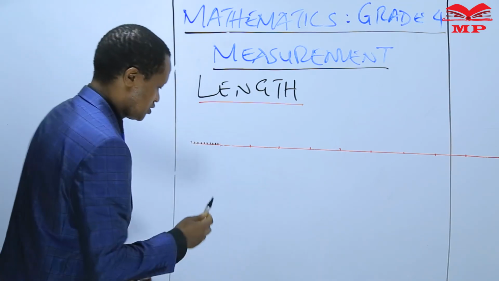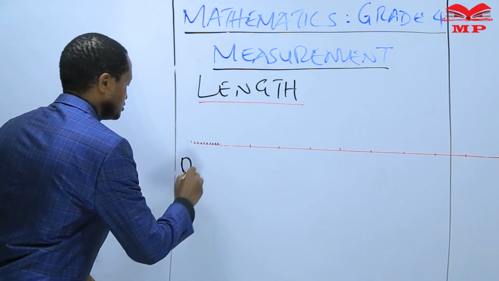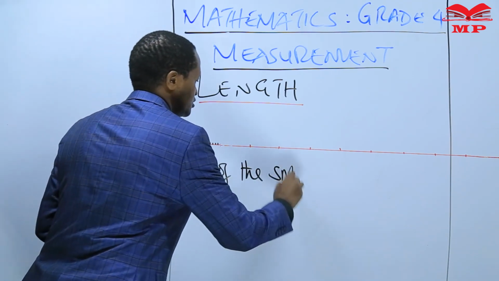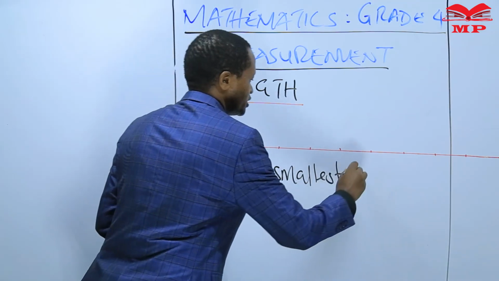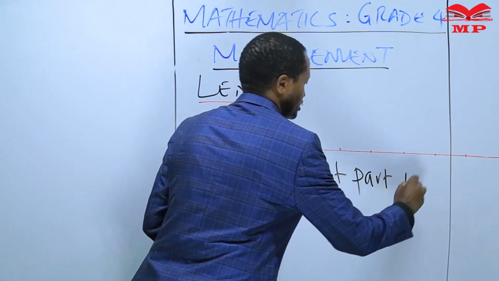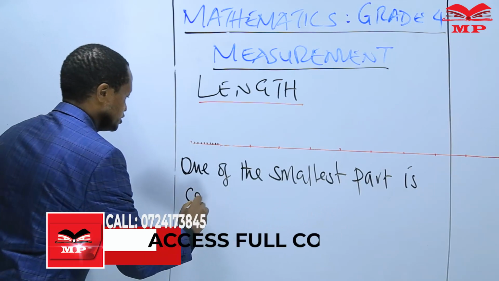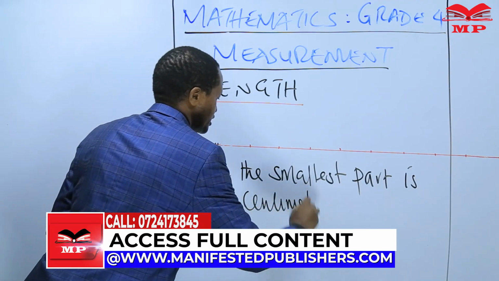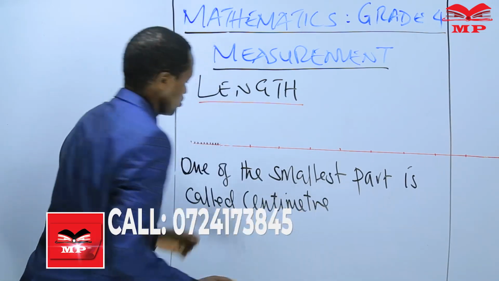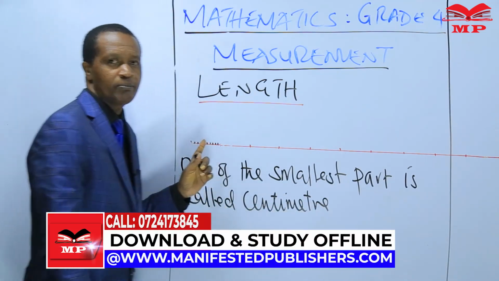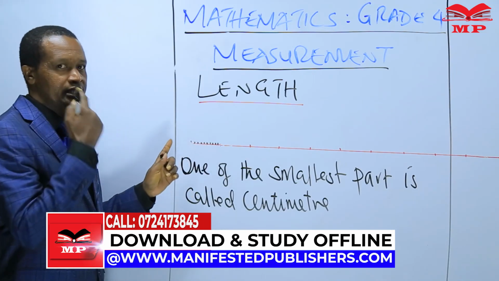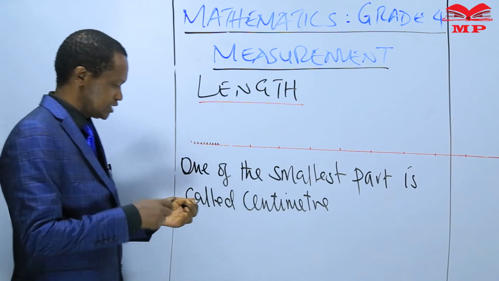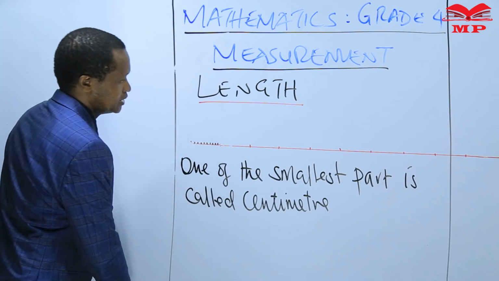Let me write down: one of the smallest parts is called a centimeter. One of the smallest parts is known as a centimeter. For example, from this point to this point, this is 1 centimeter.